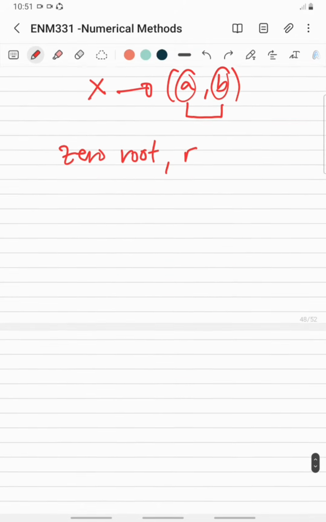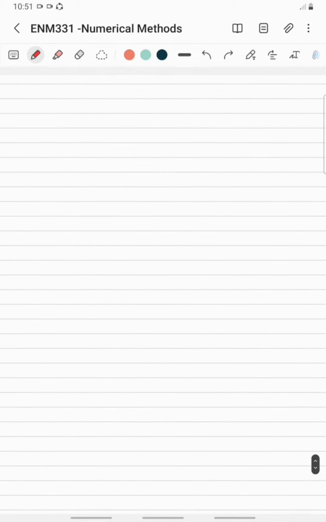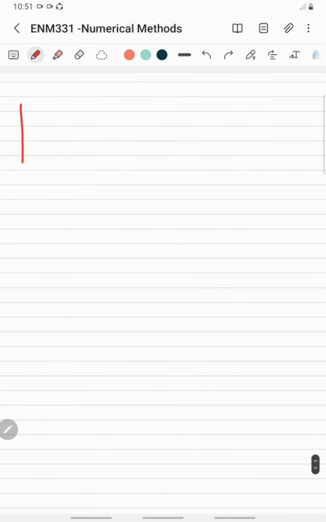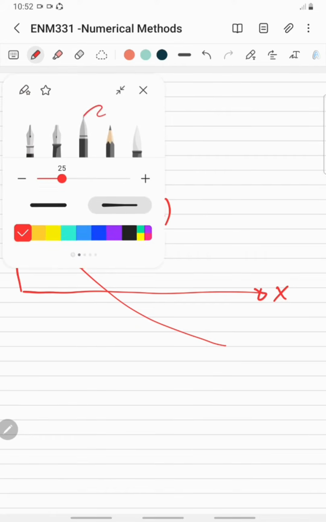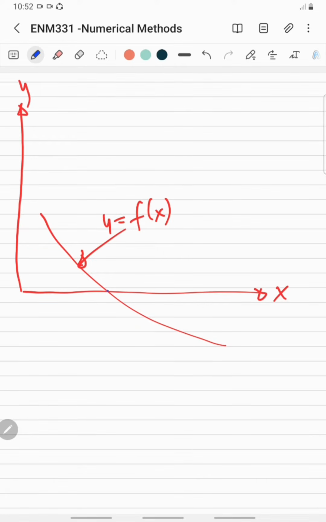If we are going to plot the function, let's say this is the y-axis and this is the x-axis, and this is the function of x, which is also equal to y, and the root of the function is at the point where it crosses the x-axis, and that is r.